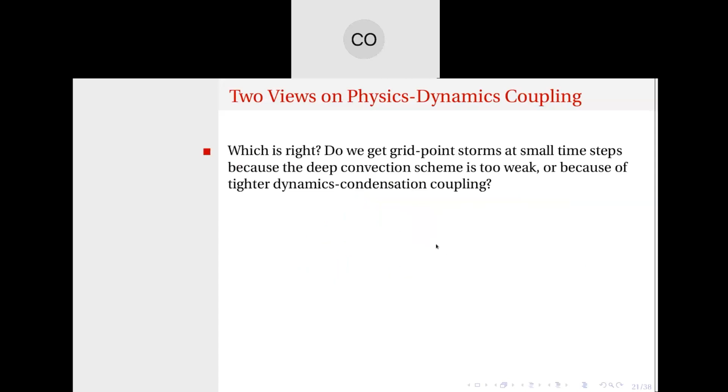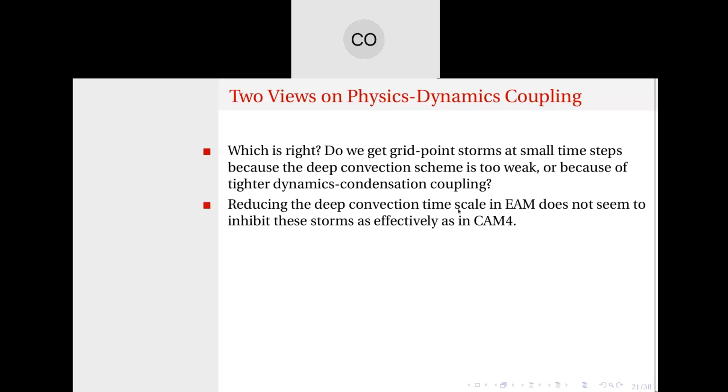But the question of which is more relevant to the time step sensitivity here is whether it is the result of the deep convection scheme being too weak and not suppressing, or because you get tighter dynamic condensation coupling, so that even if the deep convection scheme is still pretty strong, it would still be able to break through that and produce these kinds of grid cell storms.